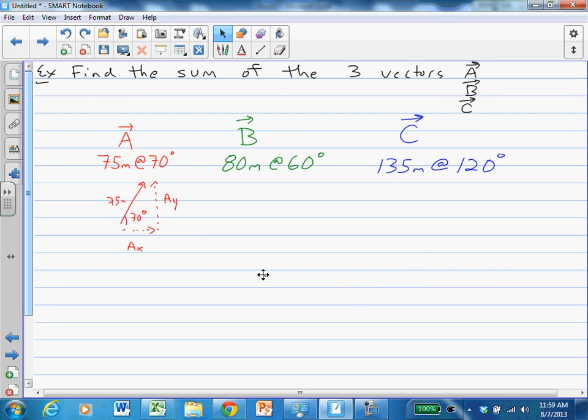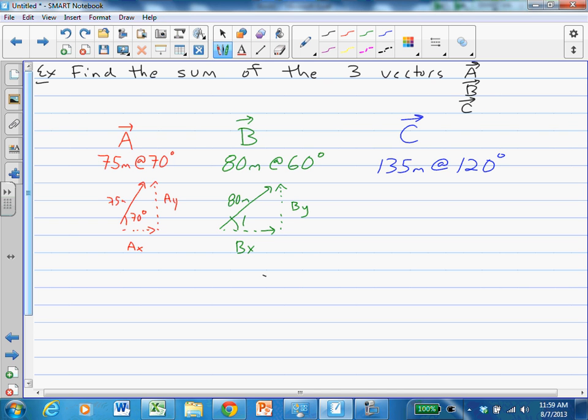We also have 80 meters, a BX and a BY, and that's at 60 degrees. And then 135 meters at 120 degrees, and this has a CX and a CY. So the first step was to find all X and Y components of each vector.